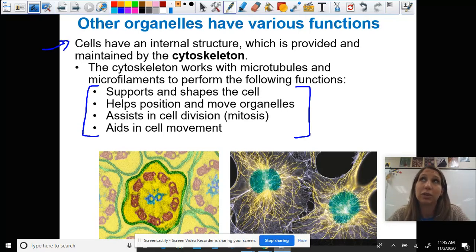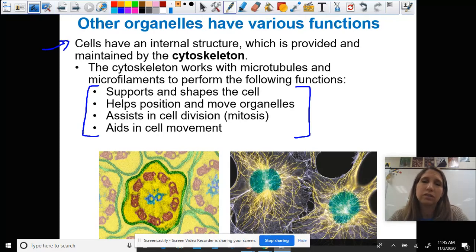We'll talk about this in chapter 11 when we get to about winter break. Okay, so mitosis and cell division are going to use cytoskeleton pieces, like little microtubules, to help with that process. It can also help in cell movement with additional kind of extracellular organelles like cilia and flagella, and we'll see those here on the next slide.